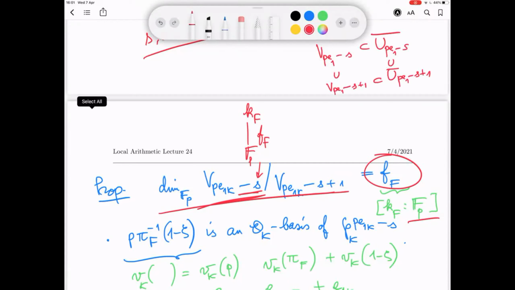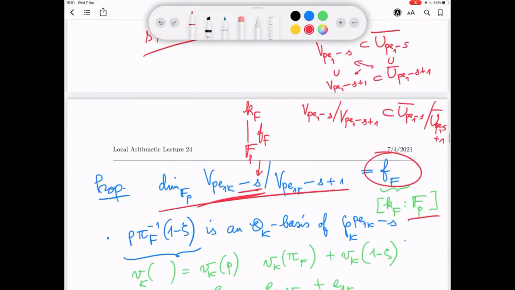You have this square of inclusions, right? And in fact, this here, the lower left-hand corner, is the intersection of these two things in that thing. Therefore, this quotient VPE1 minus S upon VPE1 minus S plus 1 is going to be contained in UPE1 minus S bar modulo UPE1 minus S plus 1 bar.